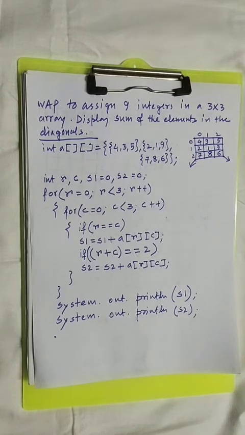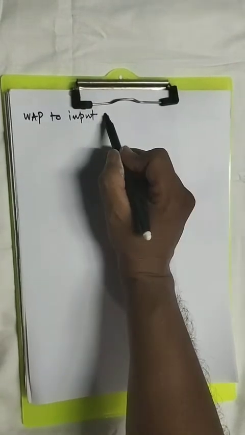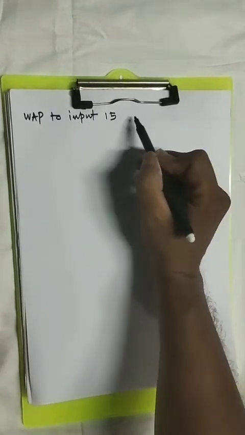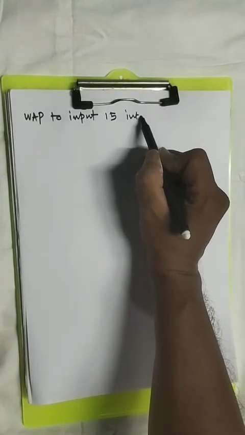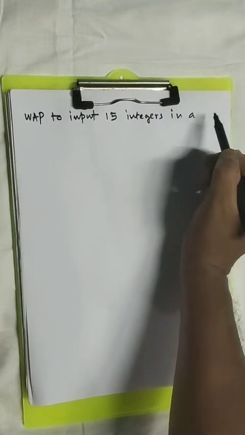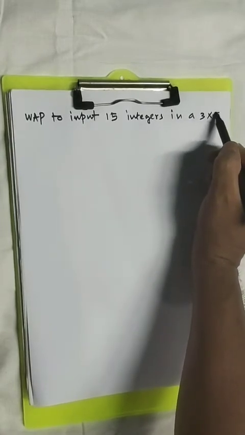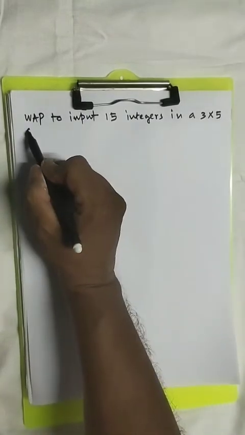Now we will see another program using double subscripted array. Write a program to input 15 integers in a 3 by 5 array.